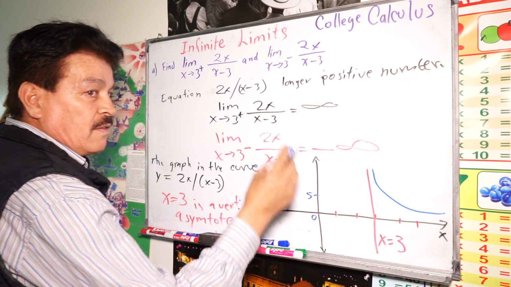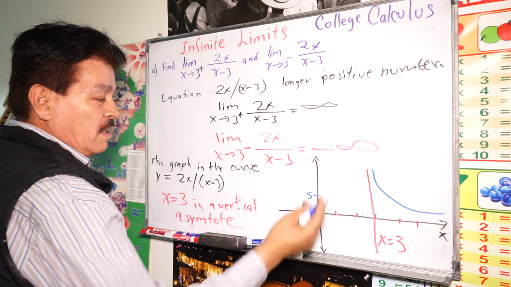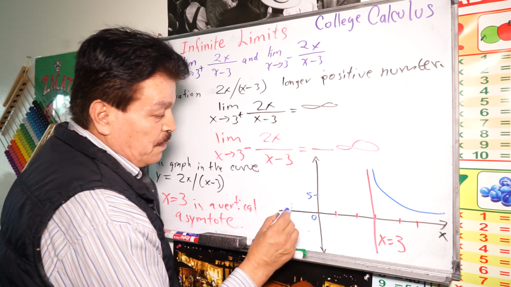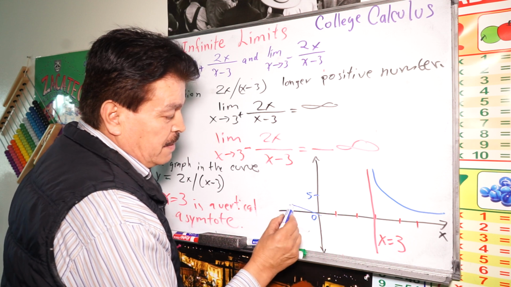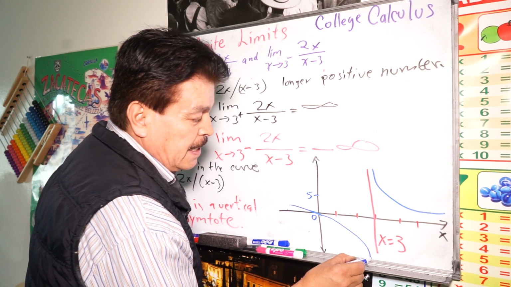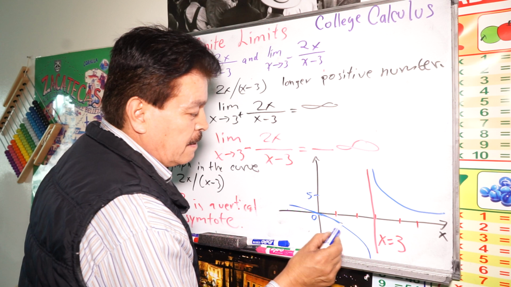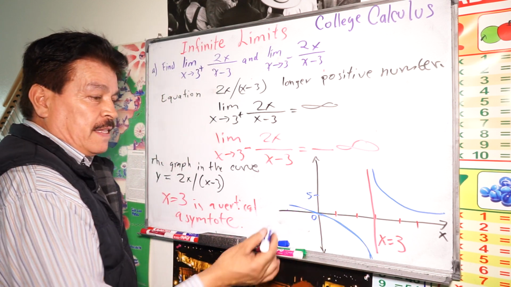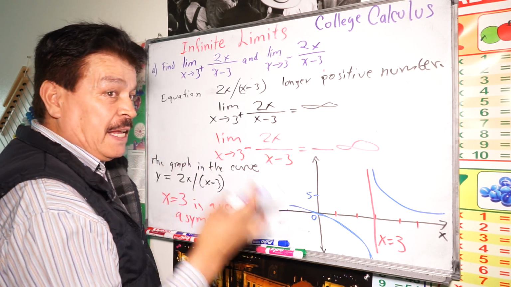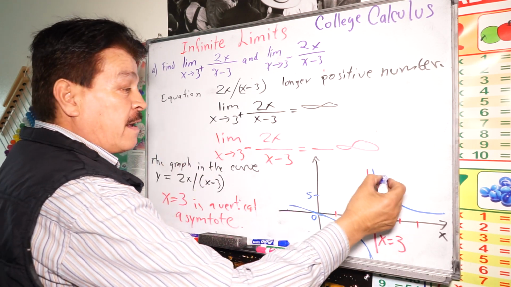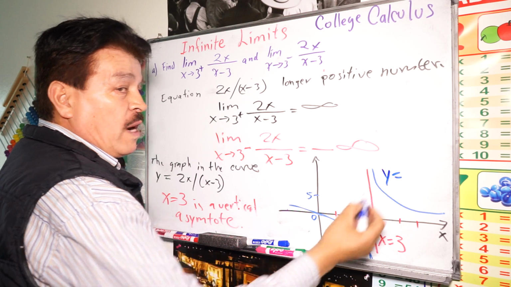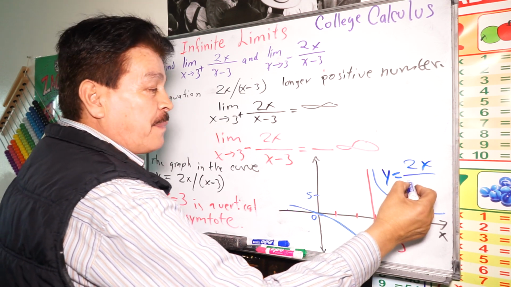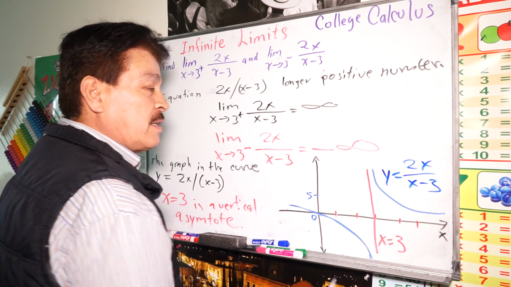It's 5, for instance, or whatever. The numbers right there. So the graph is running like this. Okay, and this side, this is x equals 3, and then y equals 2x divided by x minus 3 right there.